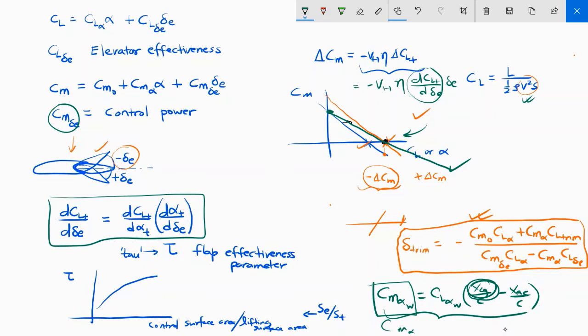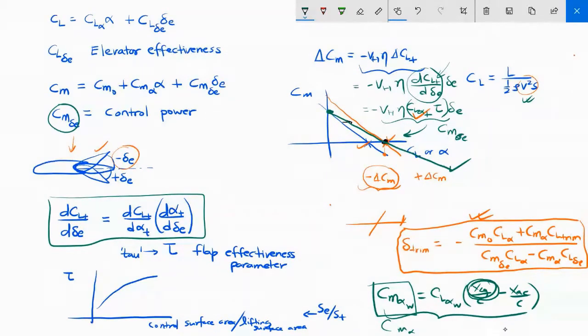So this is equal to minus VH eta CL alpha T times tau times delta E, right? I have substituted CL alpha T times tau for this dCLT d delta E. This is the gradient, so this is the Cm delta E.